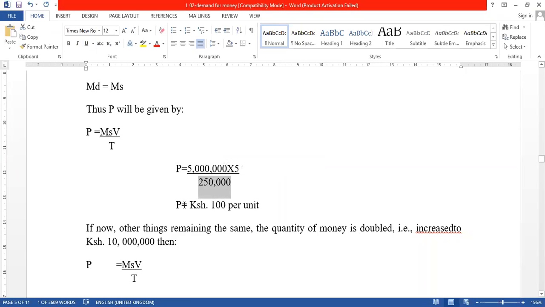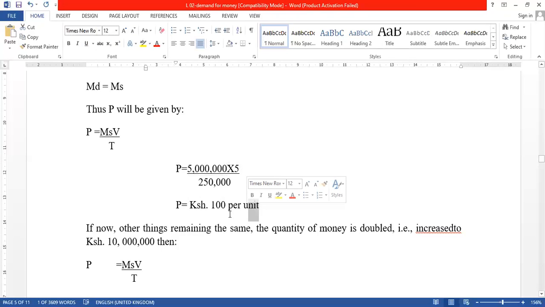And therefore, the price in that economy is 100 shillings per unit. I hope that is clear. Simple calculations.